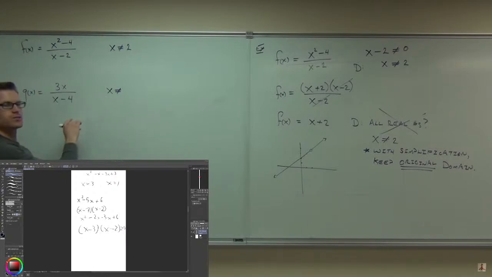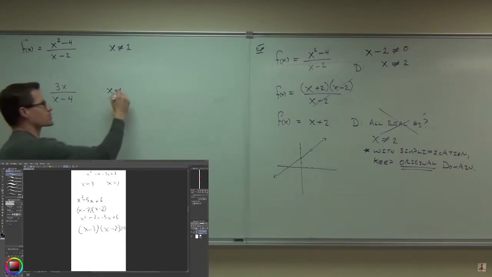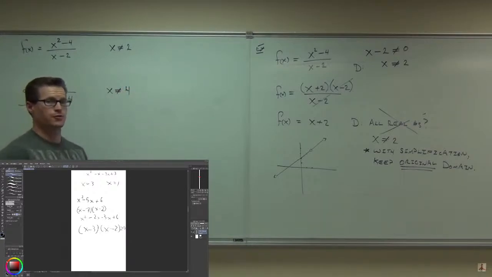What can x equal here? I gave you a very easy one just so you can see it. Of course, x can't equal 4. Here's the difference. Cancel out.